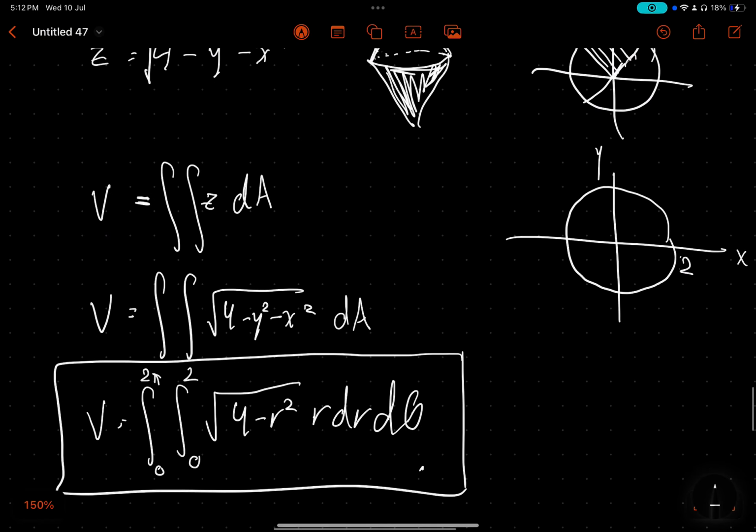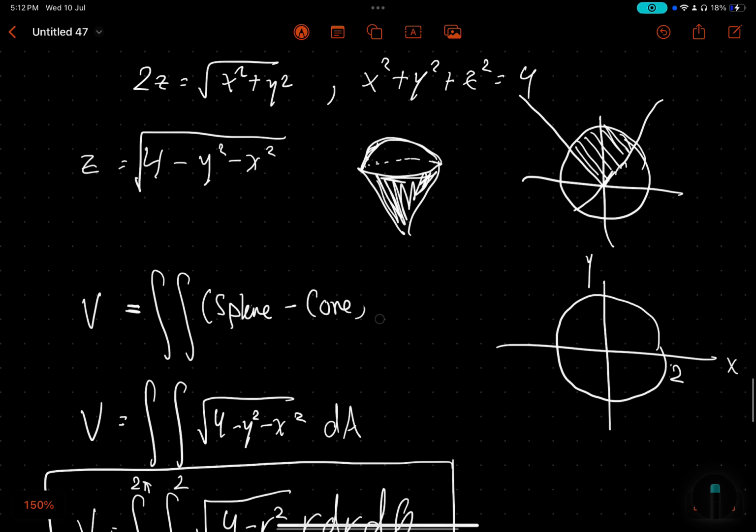So in order to do this, we don't have z. We have, let's say, the sphere equation minus the cone equation, dA. Now, what is the sphere equation, which is the upper? So the upper minus the lower part of the volume. This is in order to find the volume using a double integral.